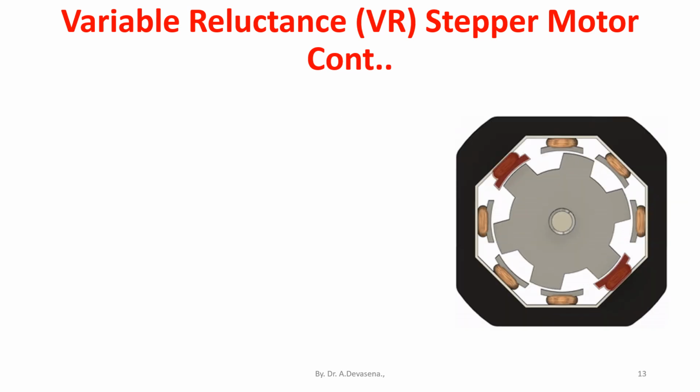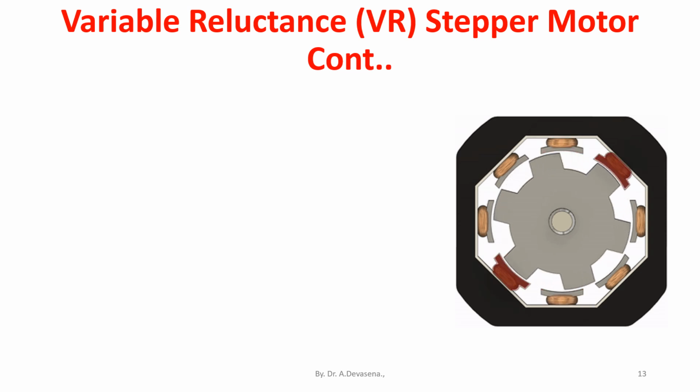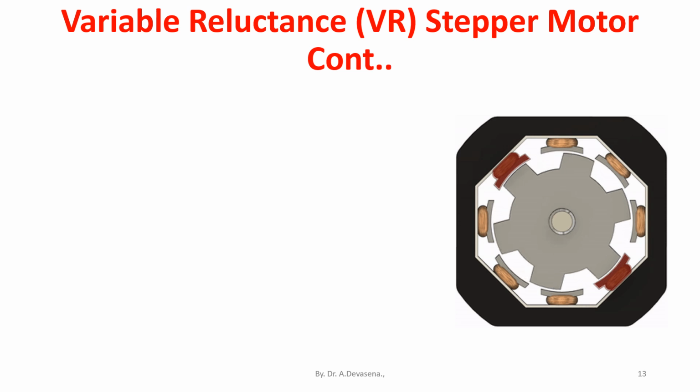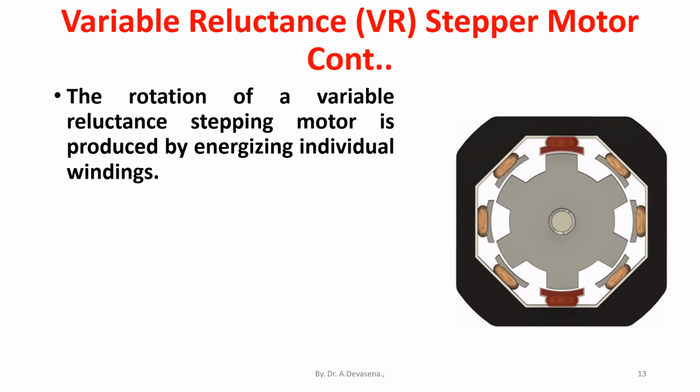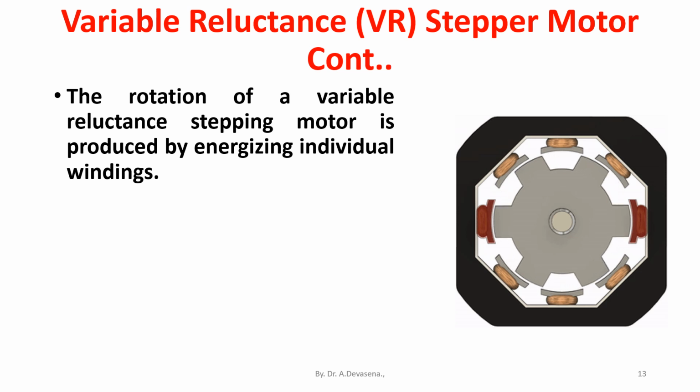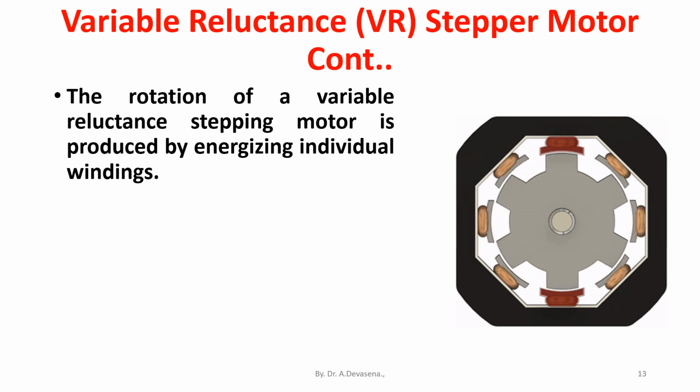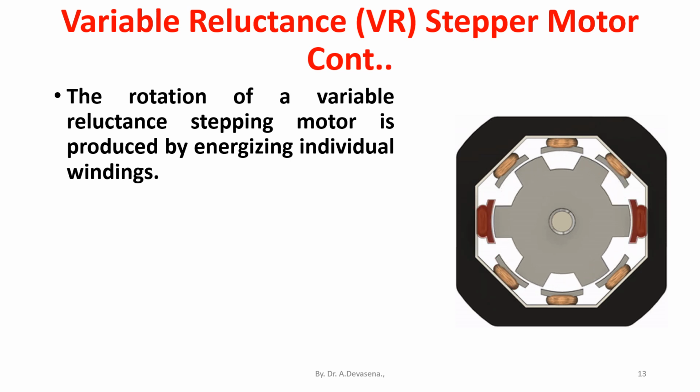The rotation of a variable reluctance stepping motor is produced by energizing individual windings. When a winding is energized, current flows and magnetic poles are created, which attract the metal teeth of the rotor.